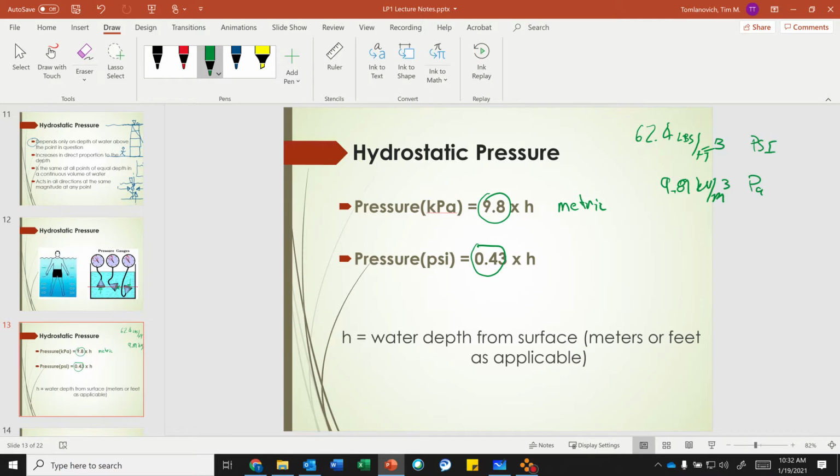These are different units, so that's all it is, a conversion. This 9.8 is a constant conversion. So this is the metric. This is the English. Okay. H in metric has to be in meters, and in English it has to be in feet. Just remember that. So these formulas here.